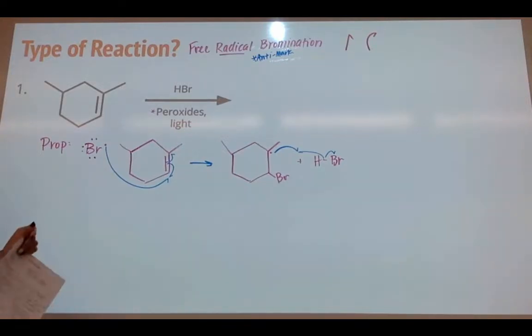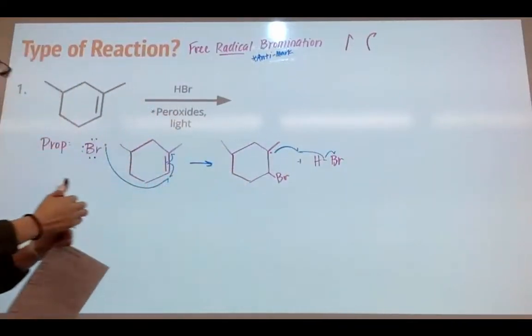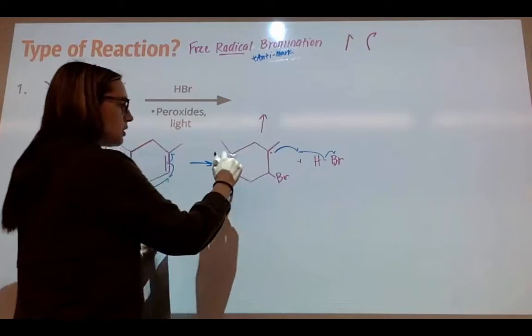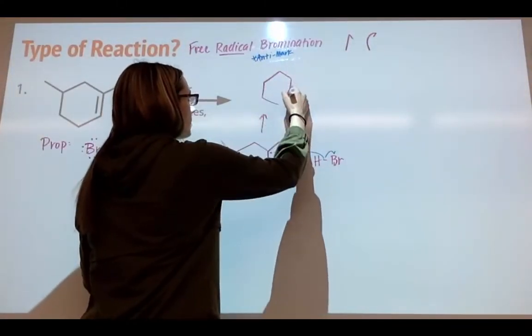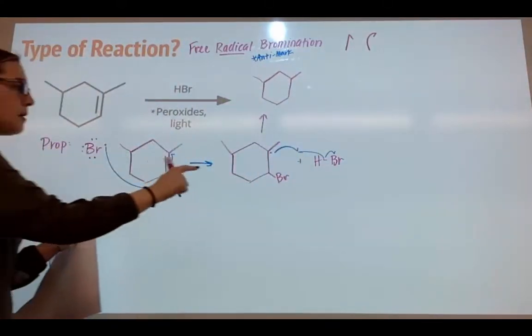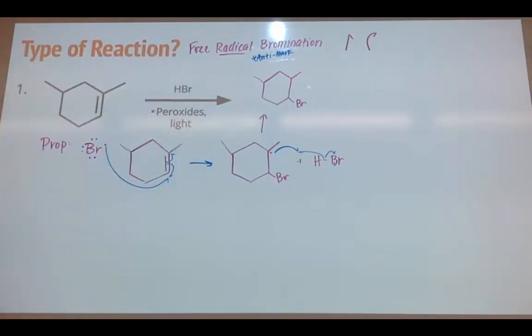And the very last step is the termination. What we are concerned about is this propagation step. How are we actually forming the organic product? And so if we take a look at what this product is, we have the methyl groups that we had initially, bromine added to the less substituted carbon of the alkene, which was here.